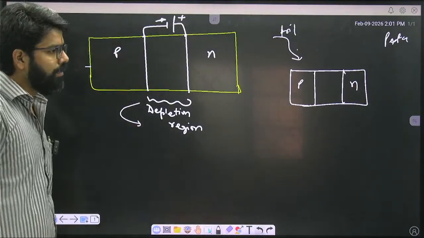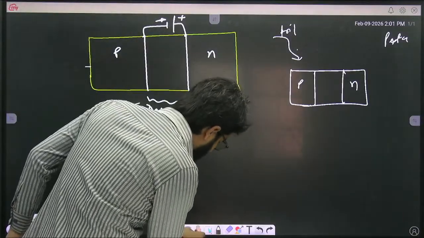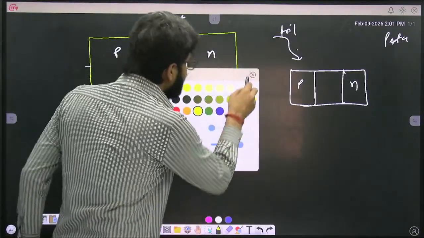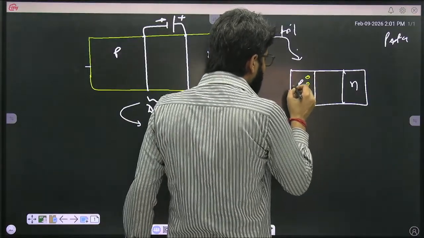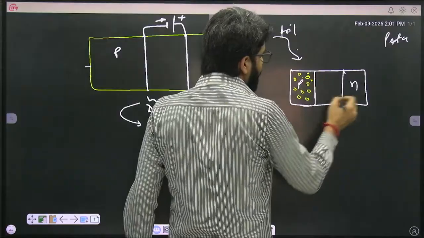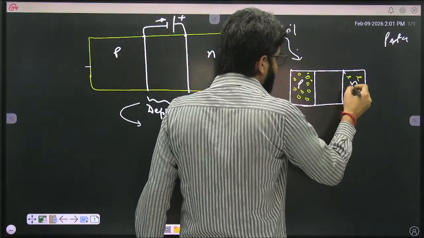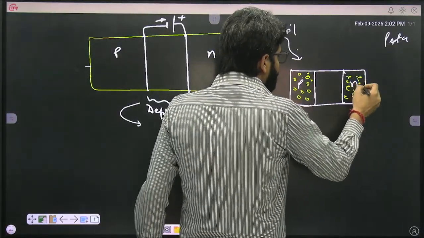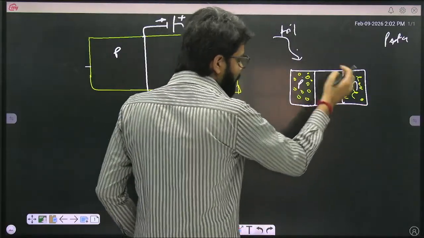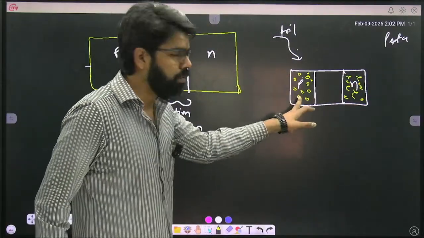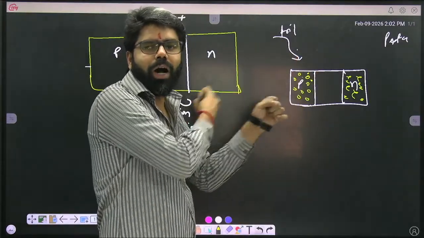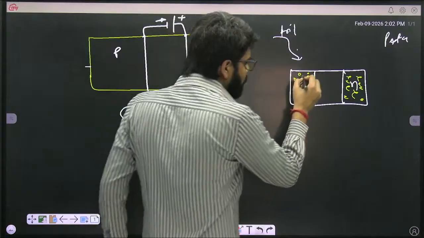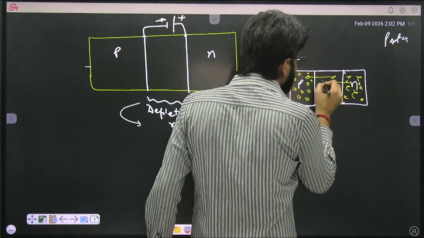During the formation, the P side contains holes as the major charge carrier, and here we have electrons as the major charge carrier. Due to the high concentration of electrons on this side and high concentration of holes on this side, they start rushing towards one another. So the holes move to this side and electrons move to this side.